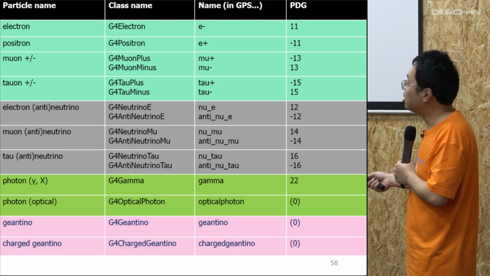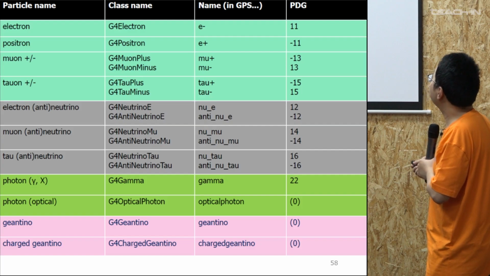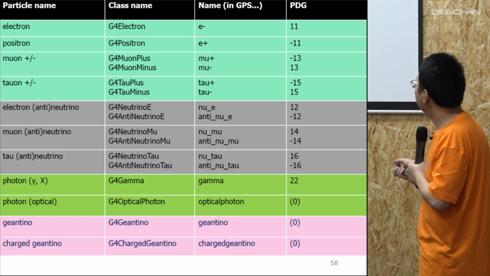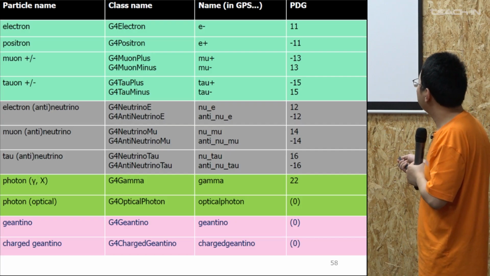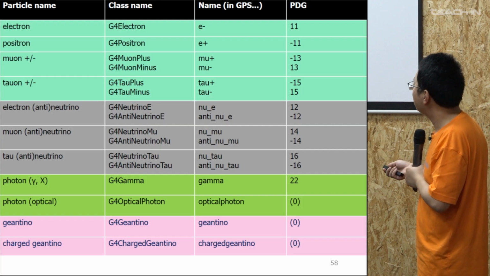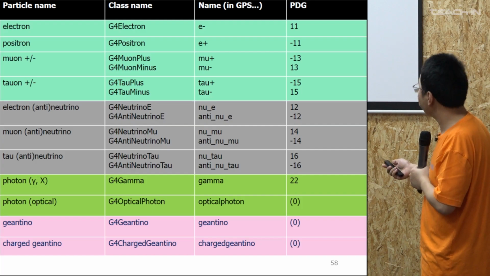For the optical photon, in Geant4 there is actually no defined PDG, but sometimes for your convenience, you may override this PDG number, so then you can get this number directly. And you can also see there is a Geantino here.